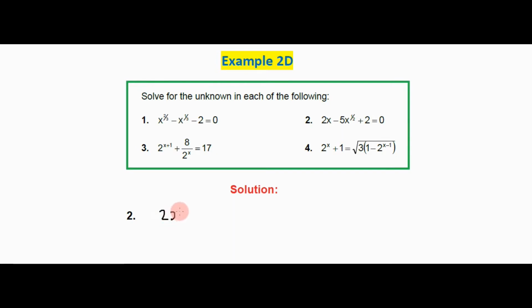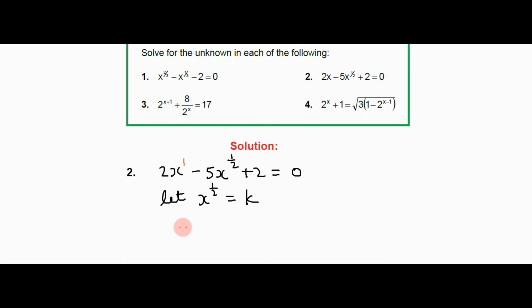We have 2x minus 5x to the half plus 2 equals 0. Once again, notice that the power of the first x, which is 1, is twice the power of the second x. So we know this is a trinomial type of exponential equation. So we let the middle x, in other words x to the half, equal k again.